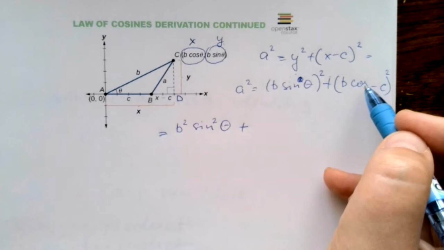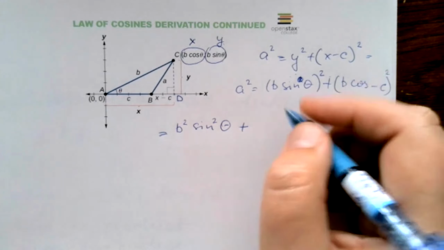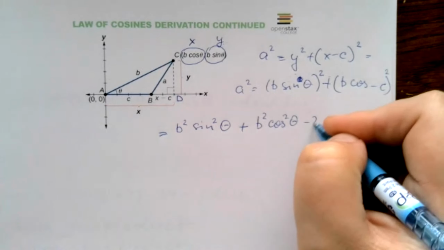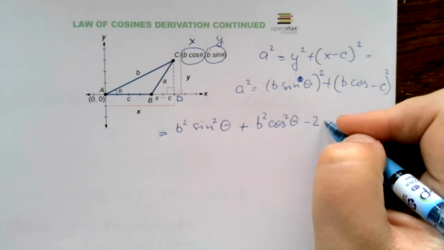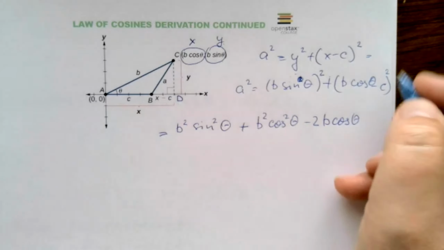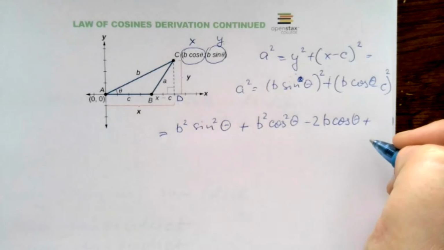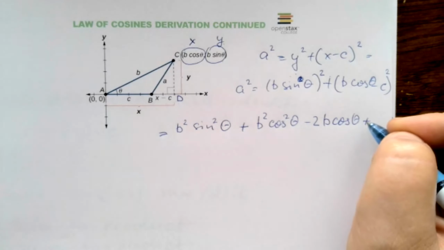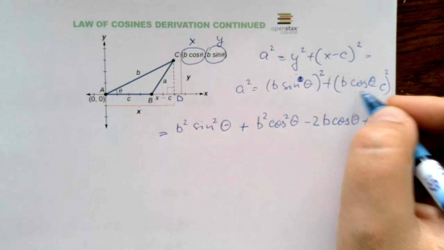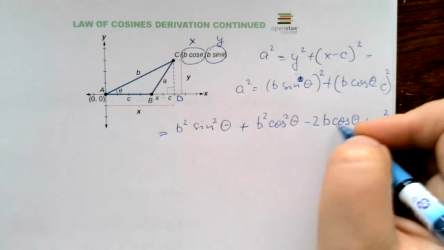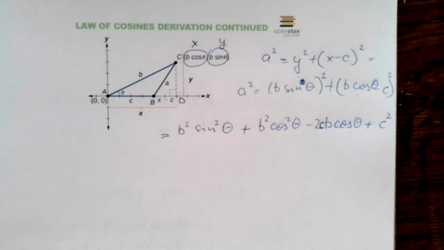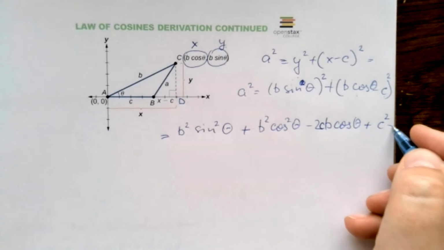It gives us the square of the first term, so that's b squared cosine squared theta, minus 2 times the first term, b cosine theta, times the second term, c, plus the square of the second term, c squared.